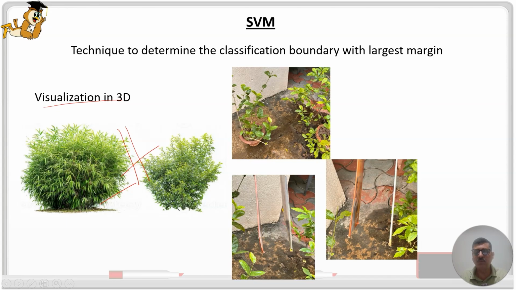I tried that same exercise with two feeble looking bushes, and I held 2 pieces of paper and tried to see what would maximize the margin. After some attempts, I was able to come up with the orientation that maximized the margin. But that is the way to visualize this in 3 dimensions. And like I said, it's all about orientation. You have to essentially choose the right direction of the separating hyperplane.